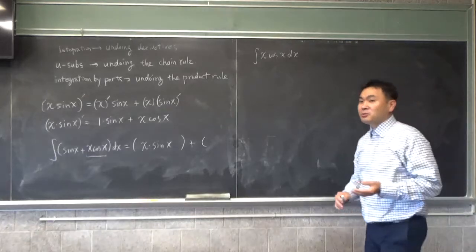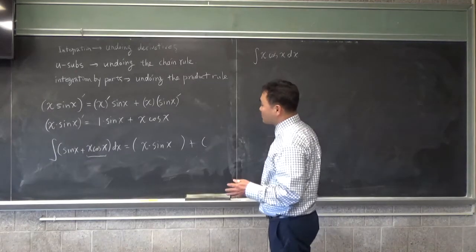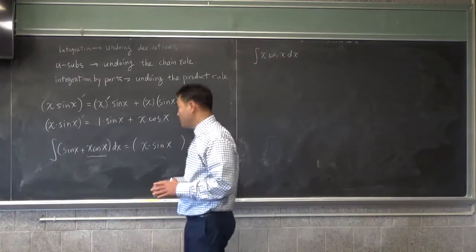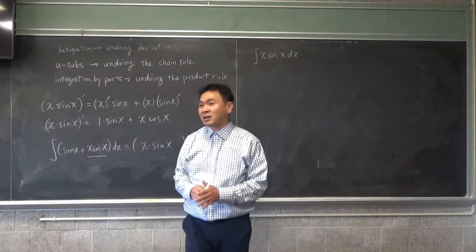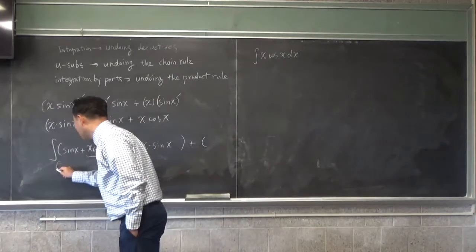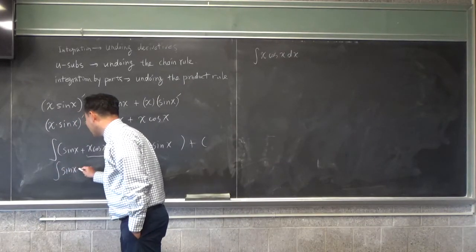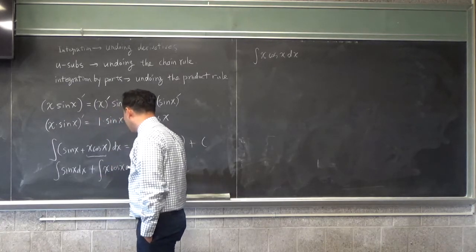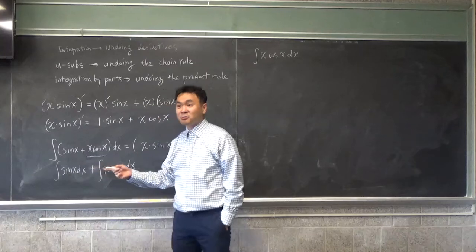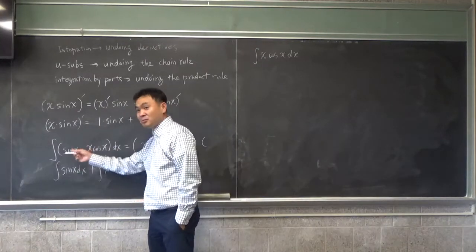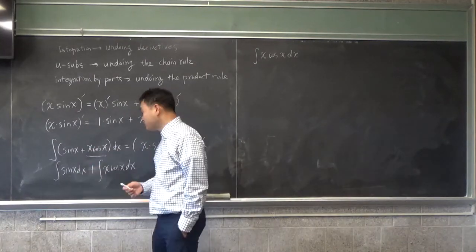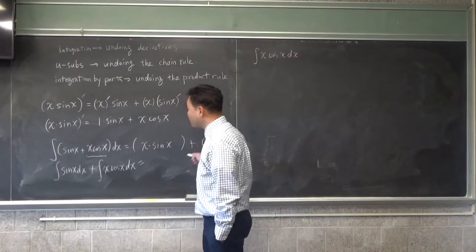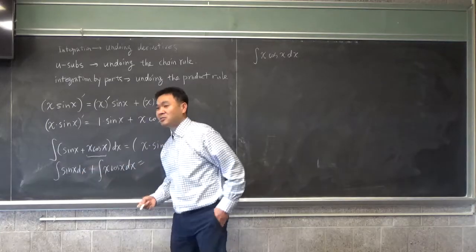So since you're convinced that this requires a more elaborate approach, you stare at this for a long time, and then here's an idea. You break this up into the integral of sine x dx plus the integral of x cosine x dx. Right, you can do that. You can break up an integral into different parts. You can integrate term by term. And then say, well, since this is equal to this other one, why not just move this to the other side? Then you get an equation.